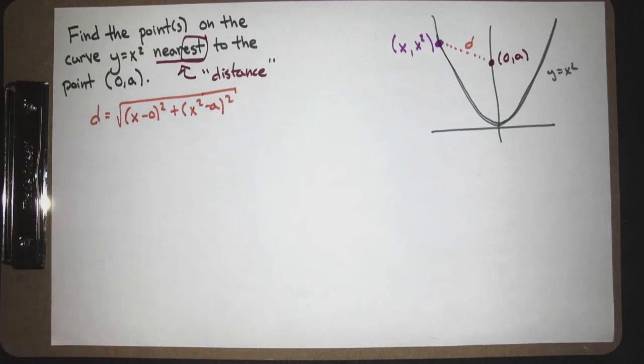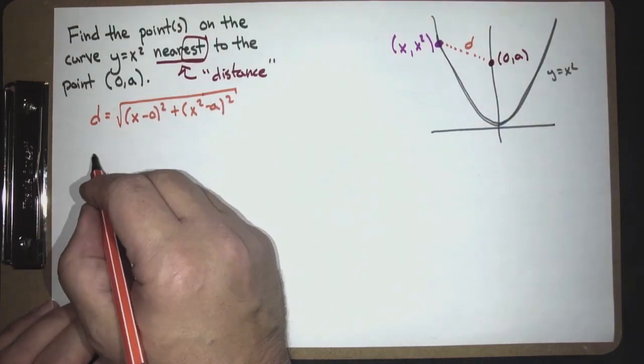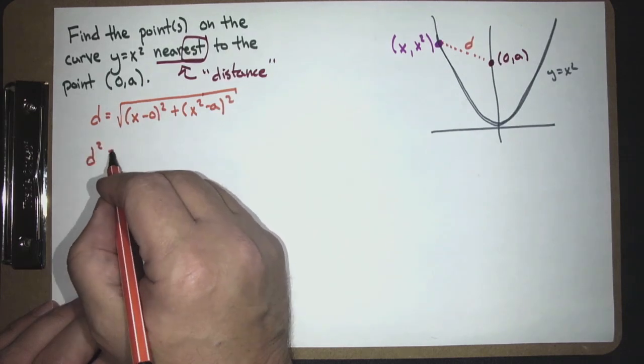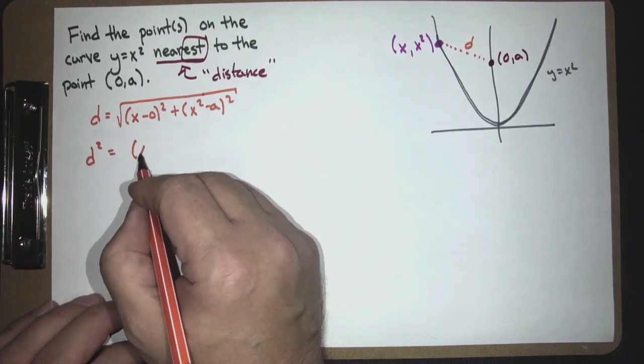But I can't help but notice that there's something unappealing about this function. What would we not want to have to work with? Square root. So we're not going to work with the square root. So let's not optimize this function. Let's optimize this function, d squared.